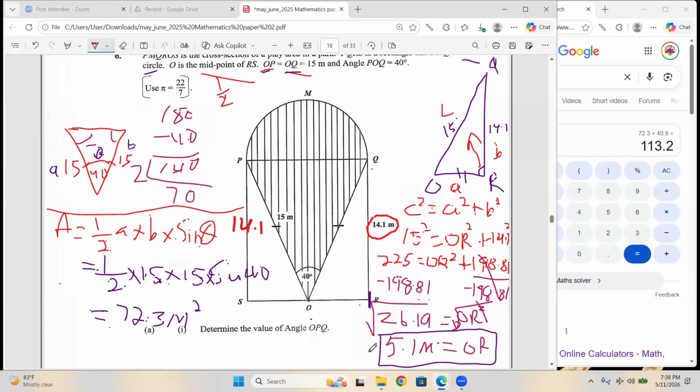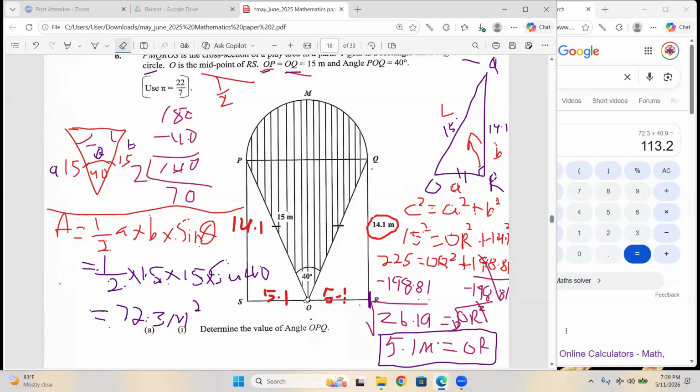We know just now we found that OR is 5.1, so we could either put it back as 5.1 here, and we also know that this side is 5.1 because OR is the middle. And this entire thing is 10.2 because opposite sides. But we don't need that actually, because when you find the perimeter, you find the distance around, so we don't even need to put that there. You just need to know the sides around the diagram.